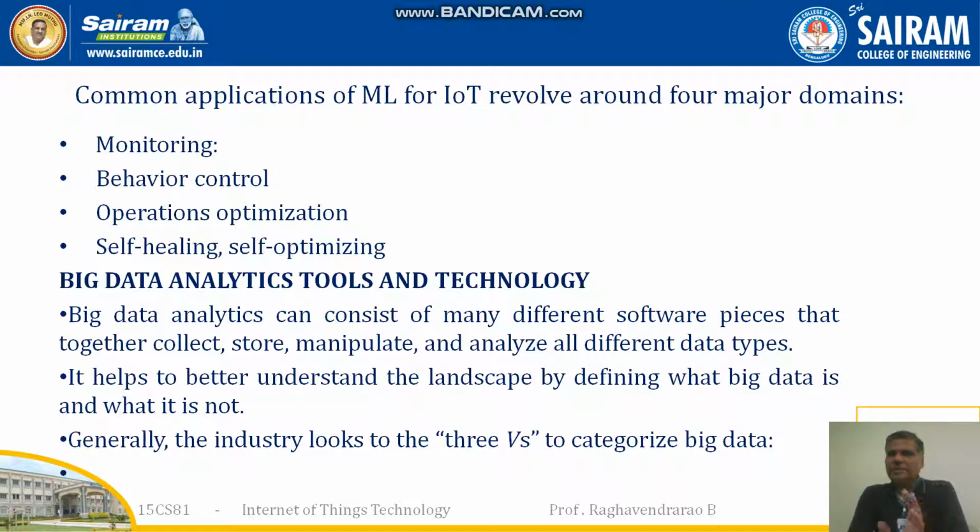Together they will collect, store, manipulate, and analyze all the different data types, which helps to better understand the landscape by defining what big data is and what it is not. So we have to differentiate between what is big data and what is not big data.